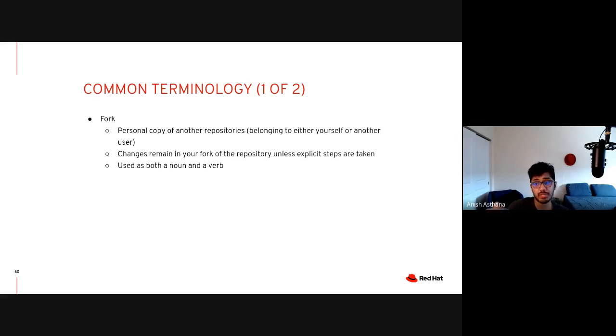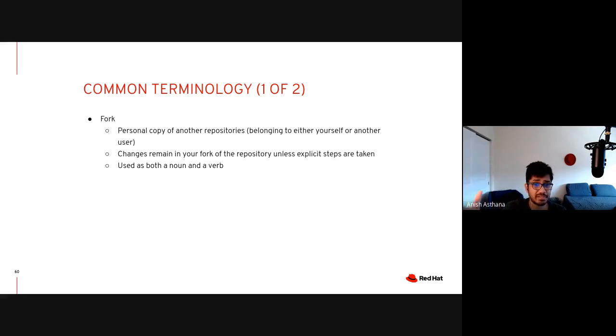So that's why we've been talking about repos, right? The repo we've been referring to is the primary copy of the repo. Forks are a way for you to create a personal copy of the repo, which lives under your namespace on the GitHub server.